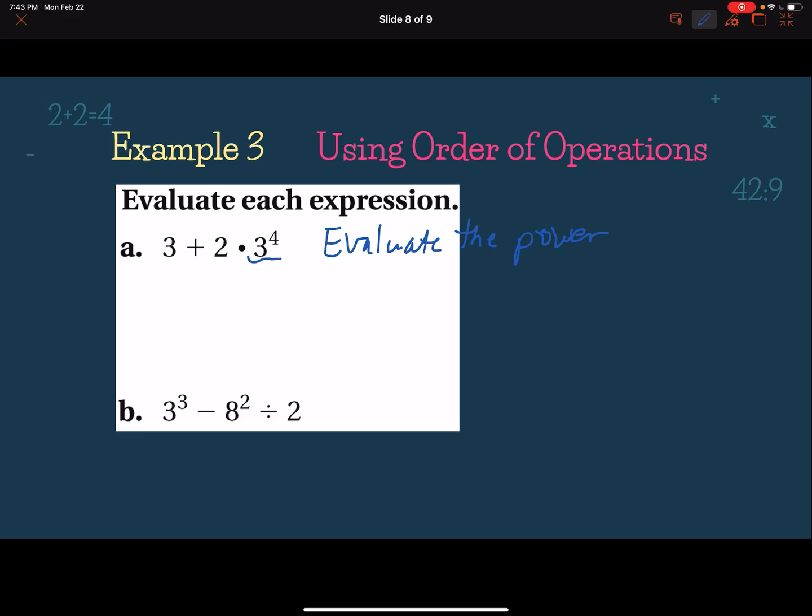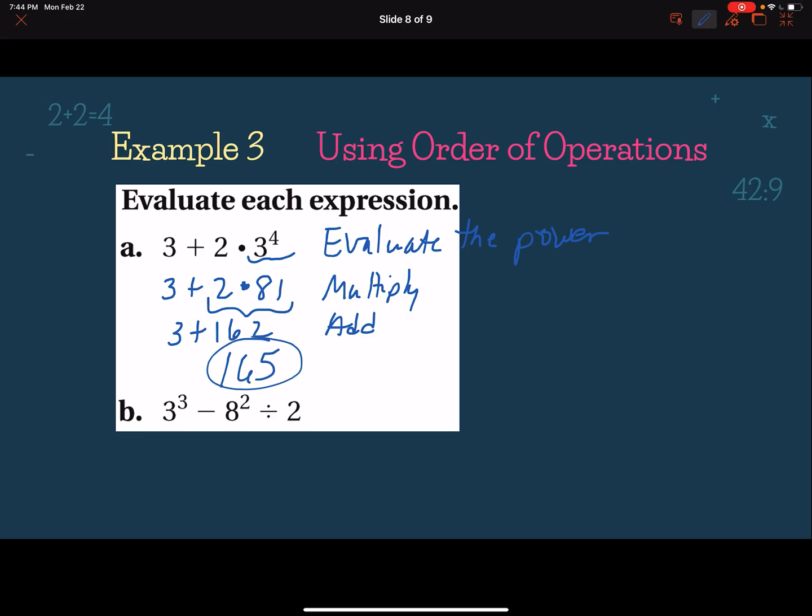So I would go ahead and solve that part, and I would have 3 plus 2 times 81. And then my next step would be to multiply. 2 groups of 81 gives me 162, and then my last step would just be to add, and I would get 165. And your calculator is going to do that work for you as long as you put it in correctly.